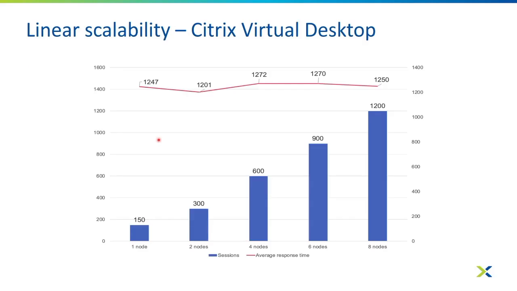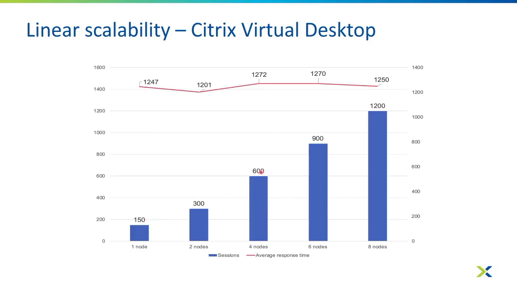I've also mentioned linear scalability a lot of times. Again, this is essential to a successful VDI deployment. So this chart is talking about a single node deployment, using these numbers, 150 desktops per node, and scaling that out to 2 nodes, 4 nodes, 6 nodes, and 8 nodes.